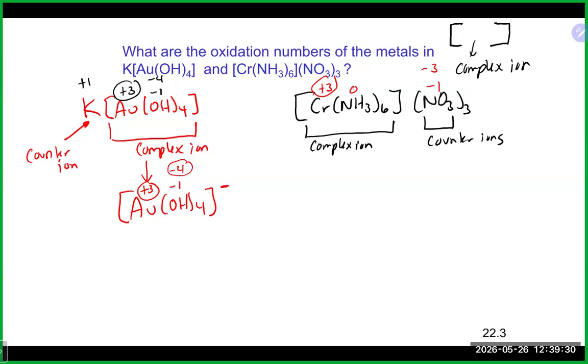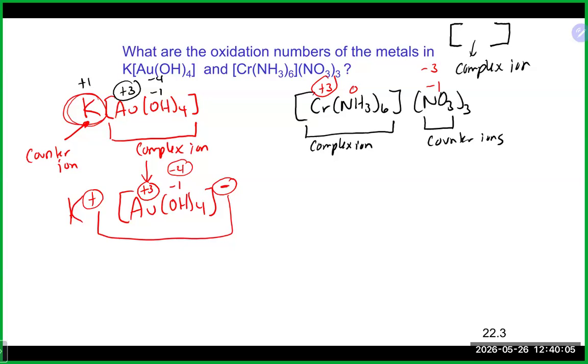So my complex ion has a -1 overall charge, and it is a negative complex ion. That is why in the original formula I have potassium, and I only have 1 of them, because potassium is group 1 and is +1 to balance out the -1 charge of my complex ion. So I just need 1 potassium to balance out the charge for my coordination compound. Any questions on that?